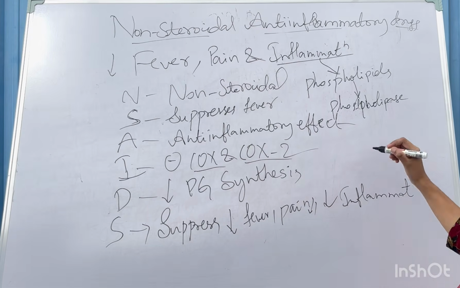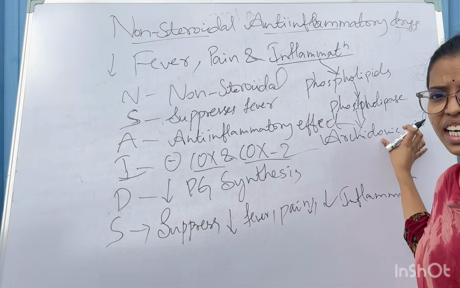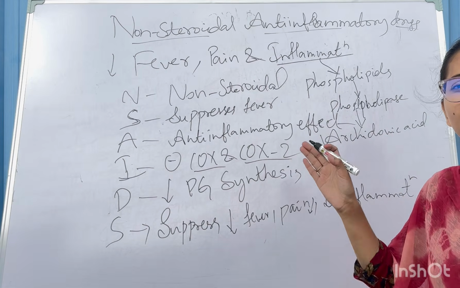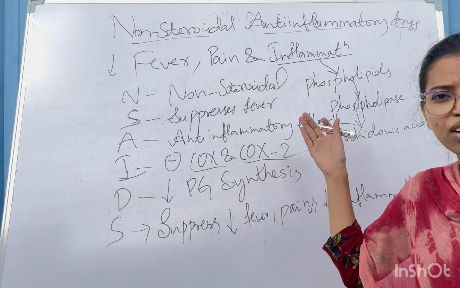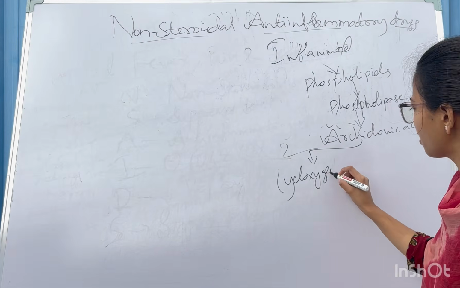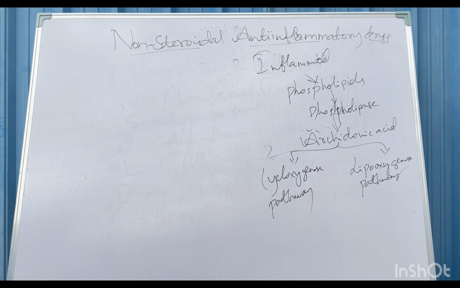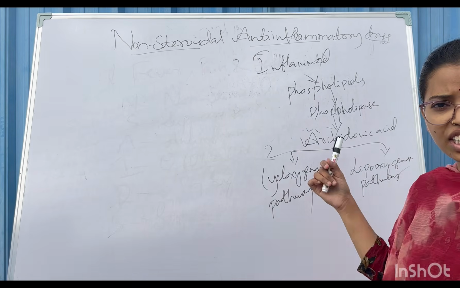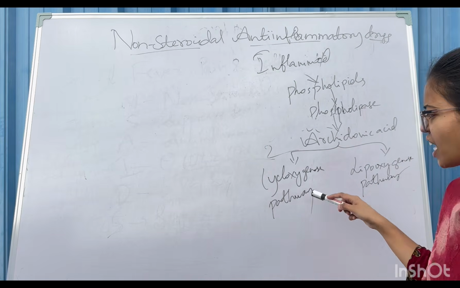This phospholipase leads to the formation of arachidonic acid. From the arachidonic acid, COX-1 and COX-2 will be synthesized. Arachidonic acid is involved in two pathways: the cyclooxygenase pathway and the lipoxygenase pathway.